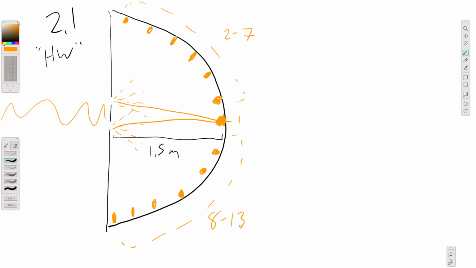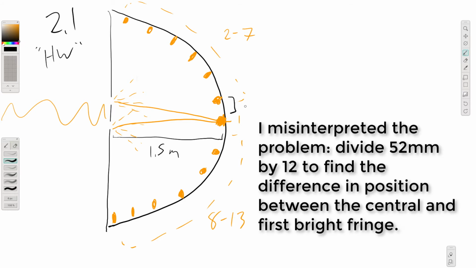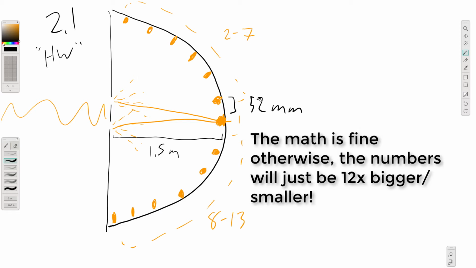So we've drawn our picture, the big first hurdle in doing any of these problems. They are spaced about the central maximum with approximate spacing of 52 millimeters. So the question is then, what is the distance between the two thin slits?